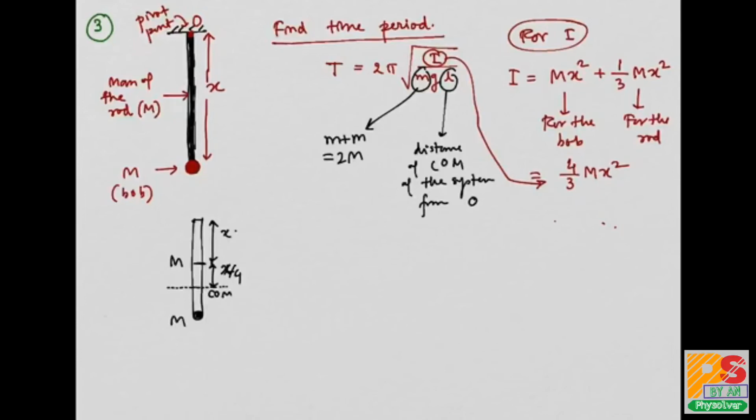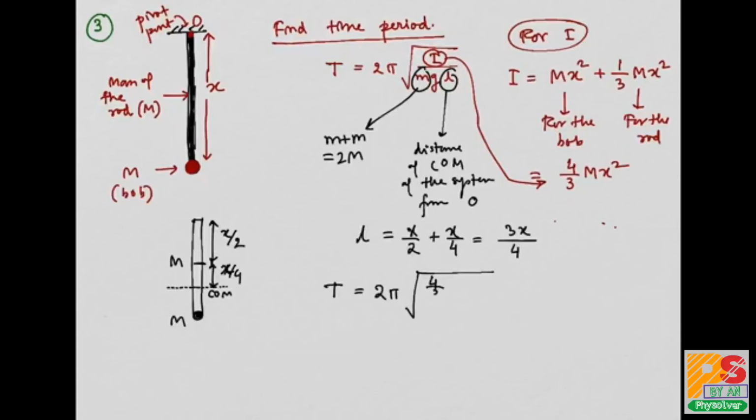This distance is x by 2, therefore L is x by 2 plus x by 4, that is 3x by 4, right?